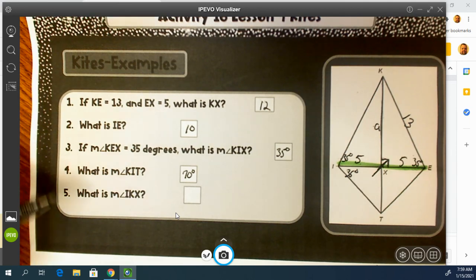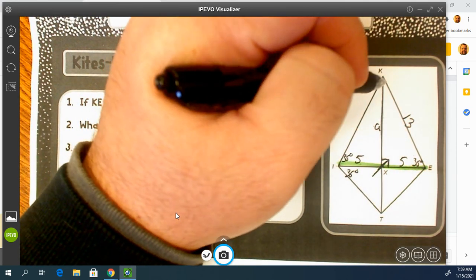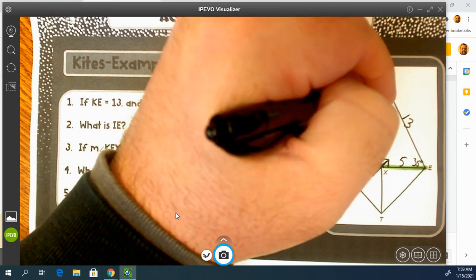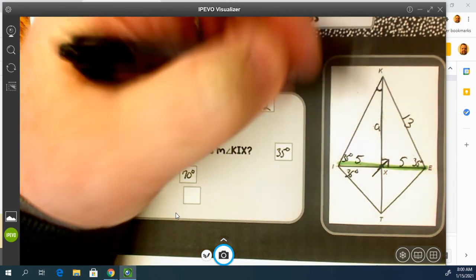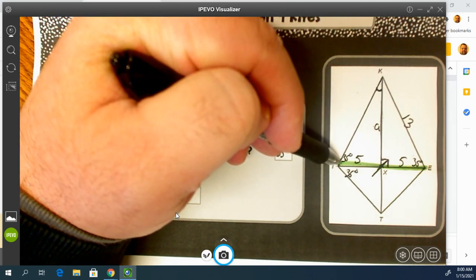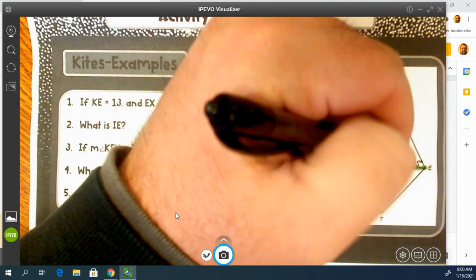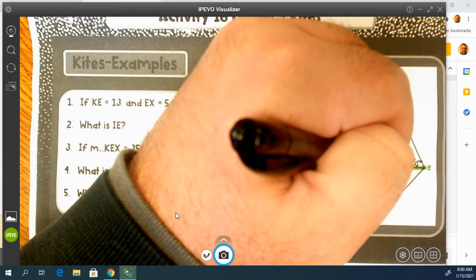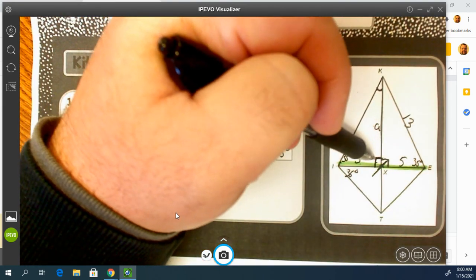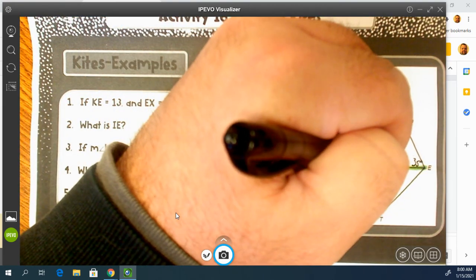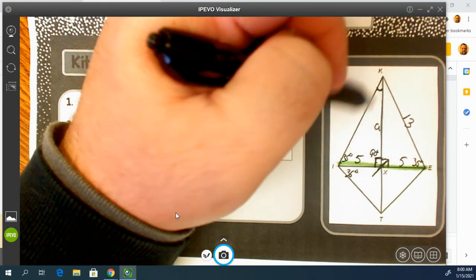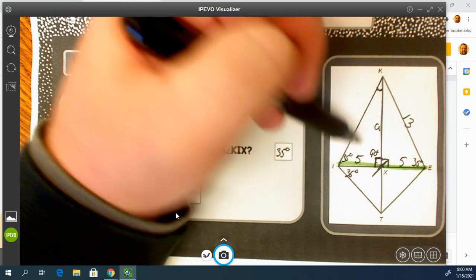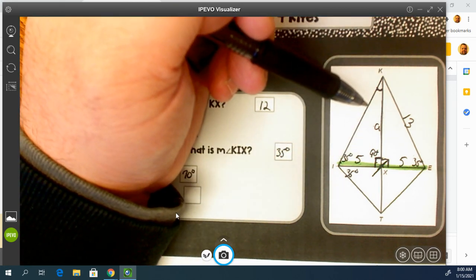And then the last one, what is IKX? What is this right here? Well, we know this is 35 degrees. What do we know this angle is? Well, we have that square on the other side, so on this side there has to be a square. We know this is 90 degrees. So if I add all three of these angles up together, they should equal 180.